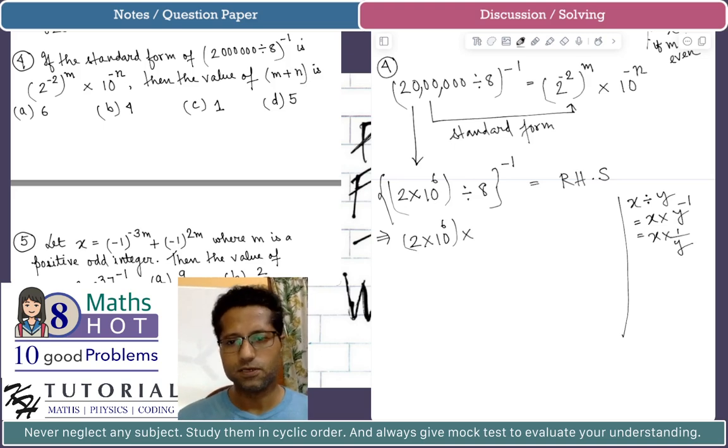So we write it as 1 by 8, and this whole raised to the power minus 1 equals RHS.